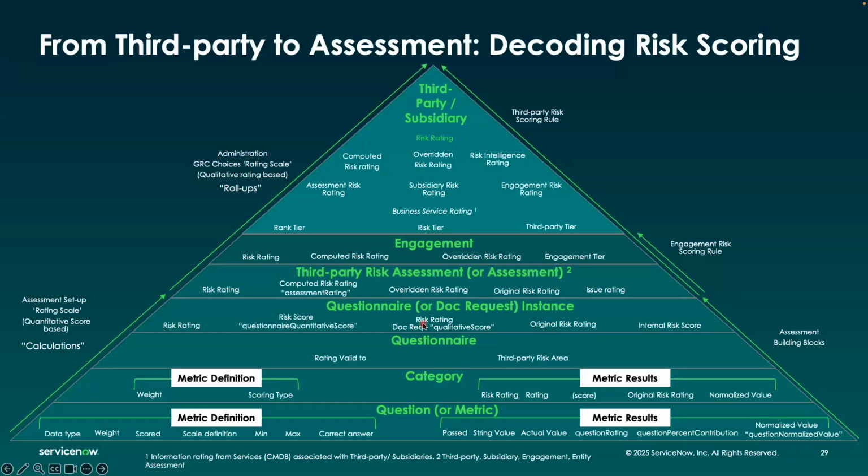Let's look at the attributes of the table that houses the results when a questionnaire is responded to by the assessor. The key attributes of the questionnaire instance, also commonly referred to as an assessment instance, asmt_assessment_instance table, include risk score, risk rating, internal risk score, and original risk rating.